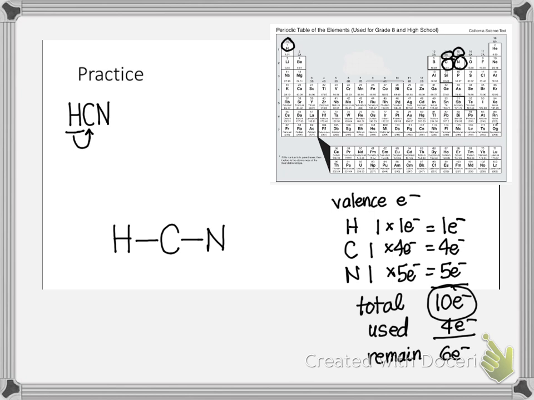With the electrons remaining, you're going to place them as lone pairs onto the Lewis structure, starting with the periphery atoms. Hydrogen is not going to have any lone pairs.